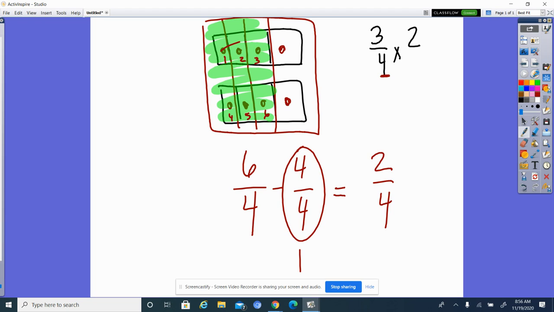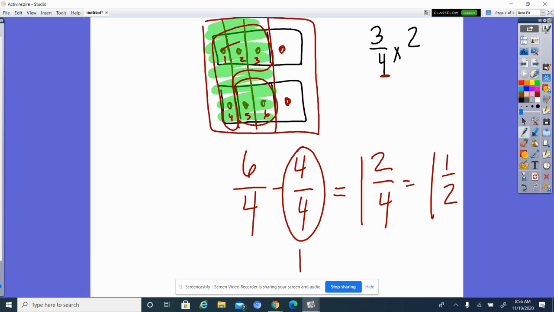No. So I have 1 2/4, which is actually 1 1/2. Okay? So 1, 2, 3, 4. There's a whole cake. And then I have 2/4 left over, which we know is 1/2. Does everybody see the model?